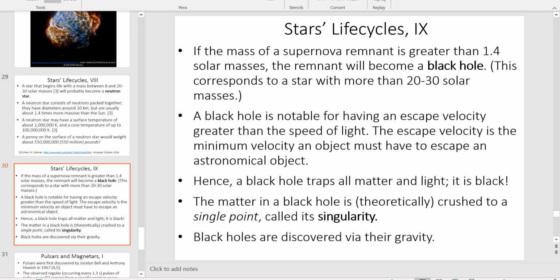If a star begins its life with a mass around 20 to 30 solar masses, 20 to 30 times the mass of the sun, it will very likely produce a black hole. I mentioned earlier that a white dwarf can collapse in on itself to explode. This is a type 1 supernova. This occurs because the white dwarf is prevented from being compressed by intrinsic forces that come from the particles that make up a white dwarf.